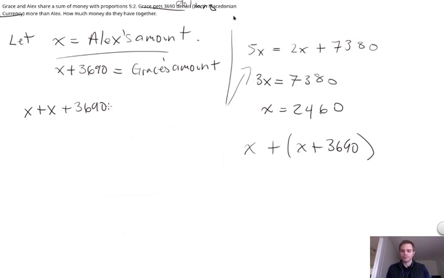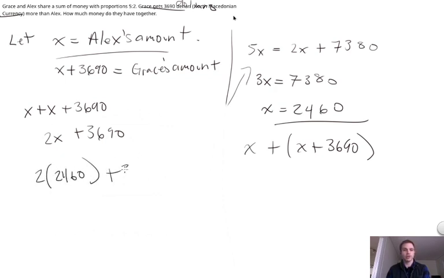All right. So X plus X is 2X plus 3,690, and we have a value for X here. We just solved for that, so we can plug that in. So this is 2 times 2,460 plus 3,690.